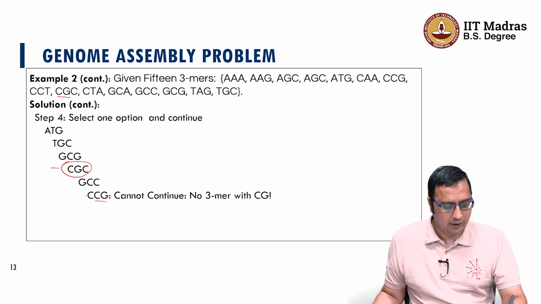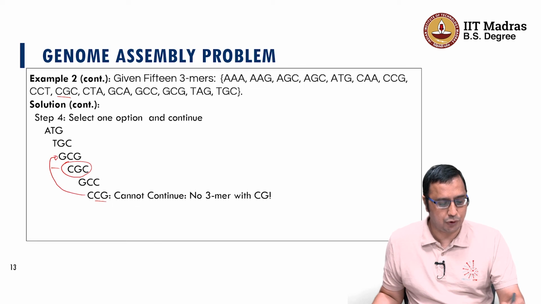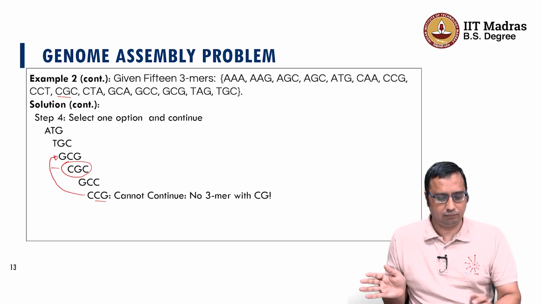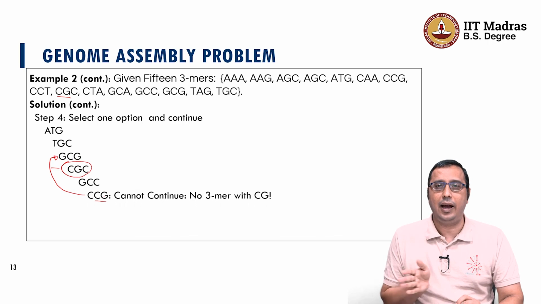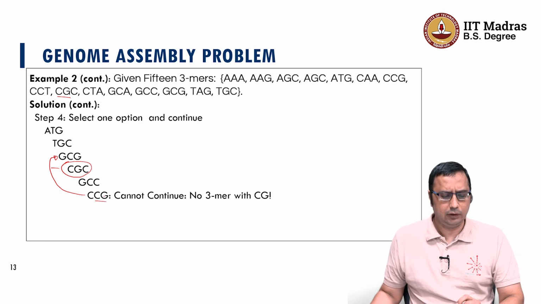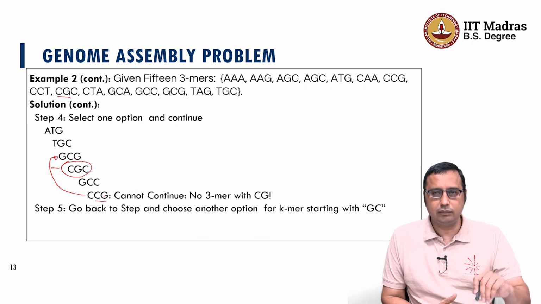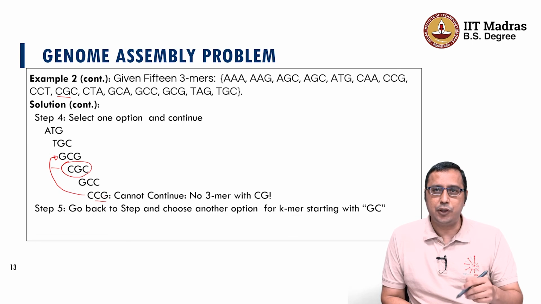I go back to where I had an option to choose. I took one path and that path ended with a dead end, so I cannot continue. So I am going back to where I forked and choosing another option for a k-mer starting with GC, and keep continuing, ensuring that whenever I have options, I choose the appropriate option.